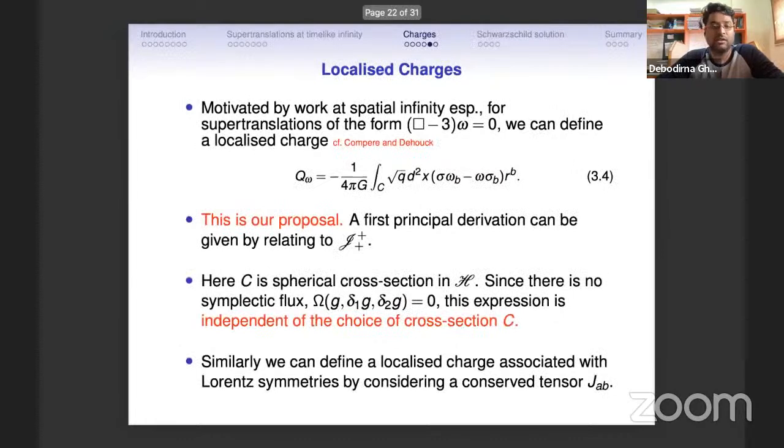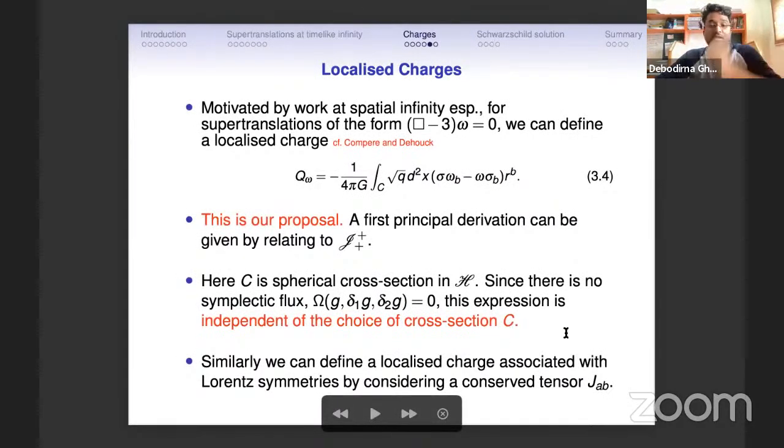So in this slide, I will talk about the localized charges. Motivated by the work at spatial infinity, especially the work of Compère and Dehouck, we take the super translations of the form box minus 3 omega equals 0.